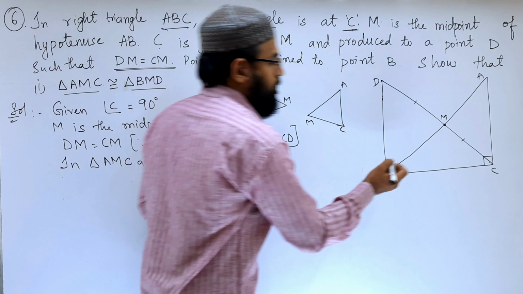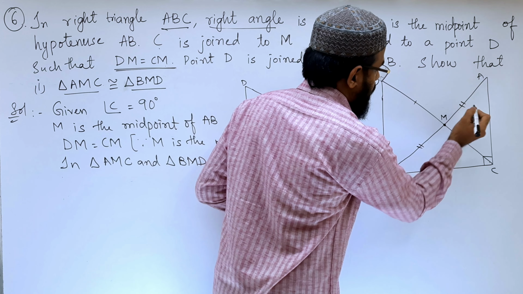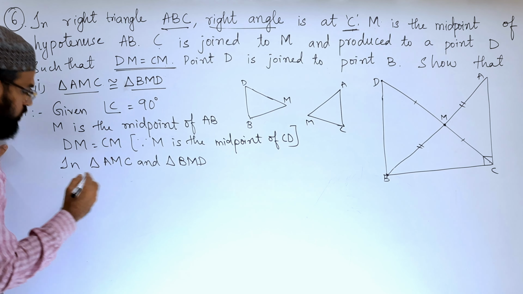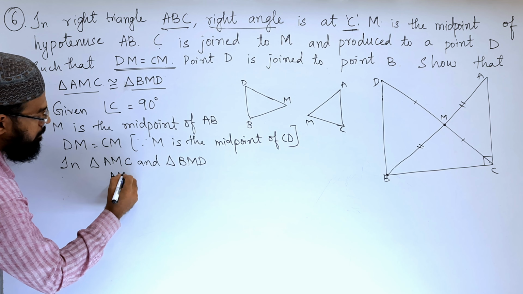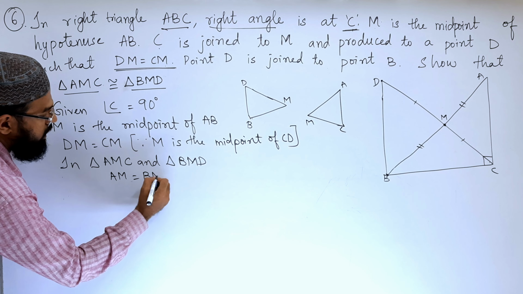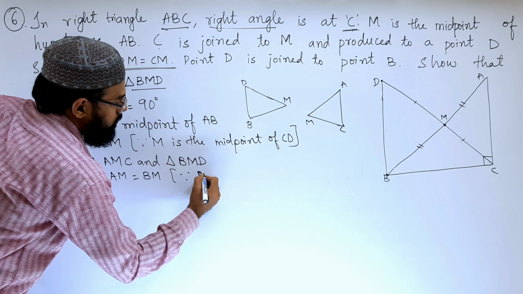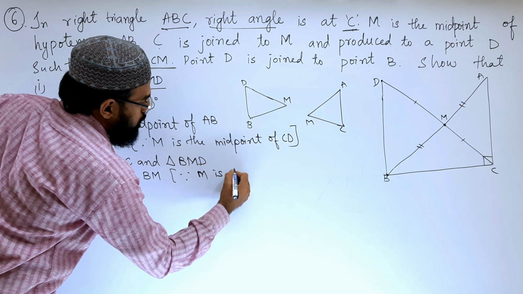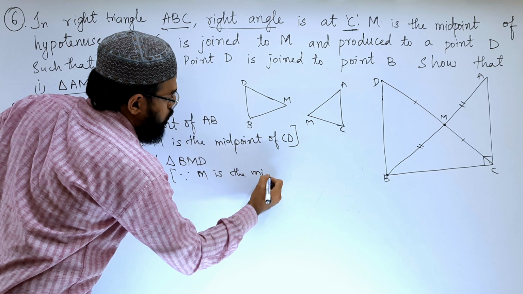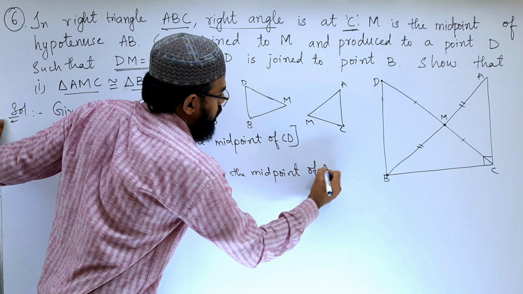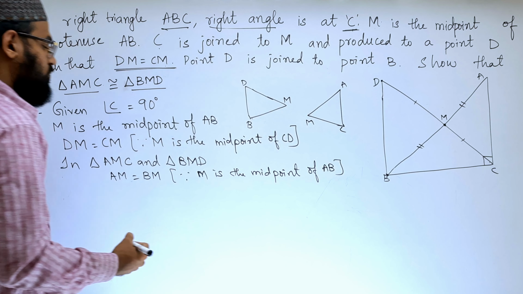That means this side AM and BM both will be equal. So AM is equal to BM. Why? Because M is the midpoint of AB.